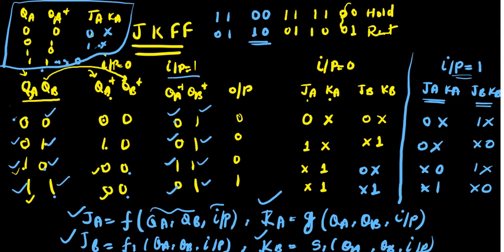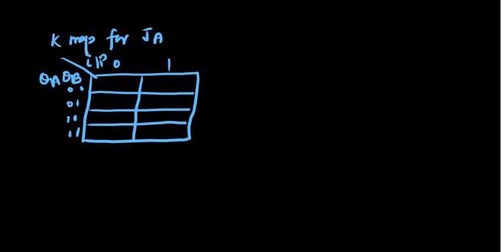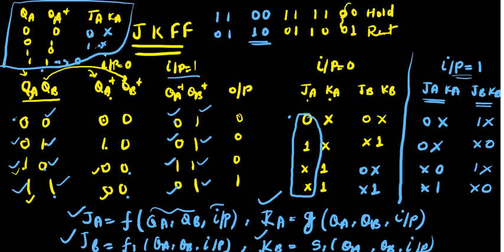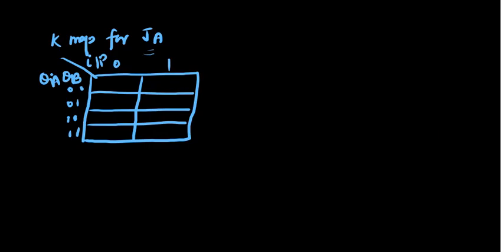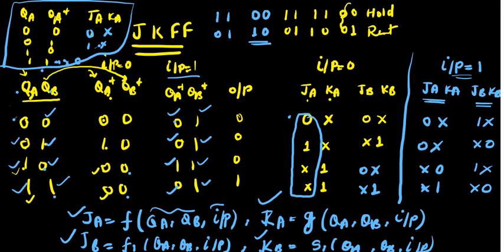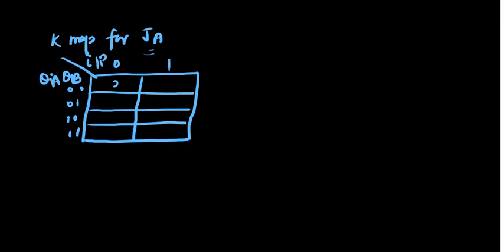Your input is 0, so you have to copy this column, because what we are doing here is writing the K map for J as a function of QA, QB and input. Input is 0 first. So this is 0 1 cross cross. And now we have to write the K map for J as a function of QA, QB when input is 1.